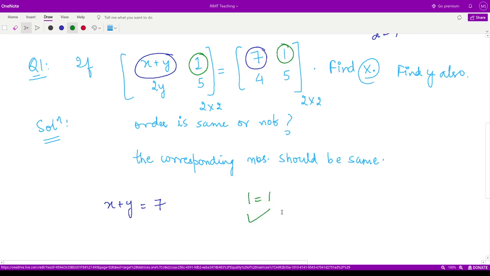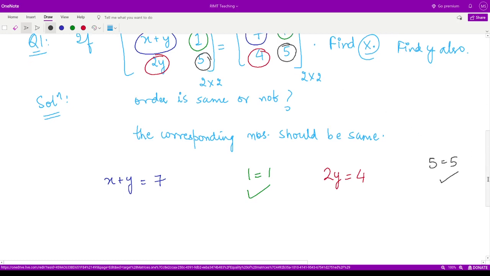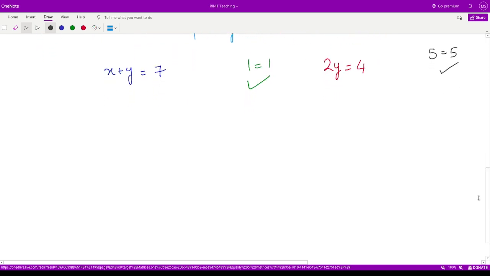This always happens. Next, this 2y here should be equal to this 4 here. So we can say 2y is equal to 4. And lastly, this 5 should be equal to this 5, which is true, no need to check. So from here, you see we obtain two expressions.